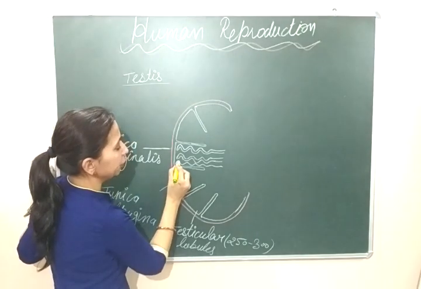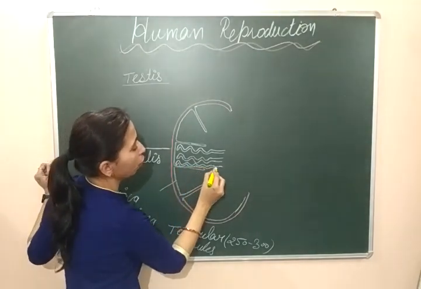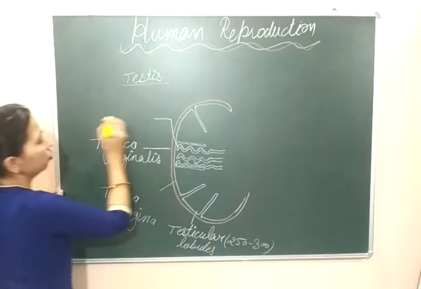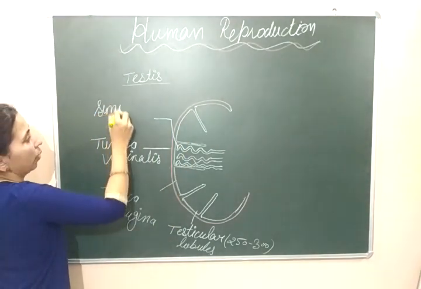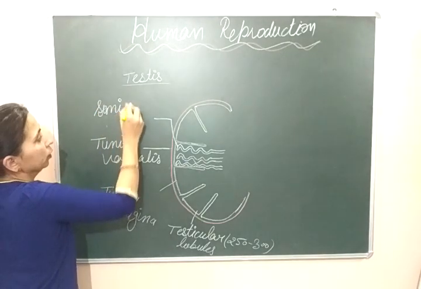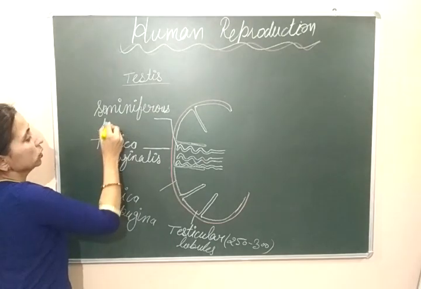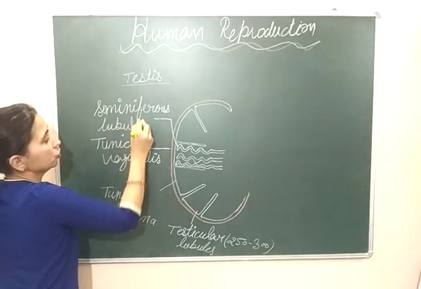These convoluted tubule structures are known as seminiferous tubules. So we have to write their name also, seminiferous tubules.